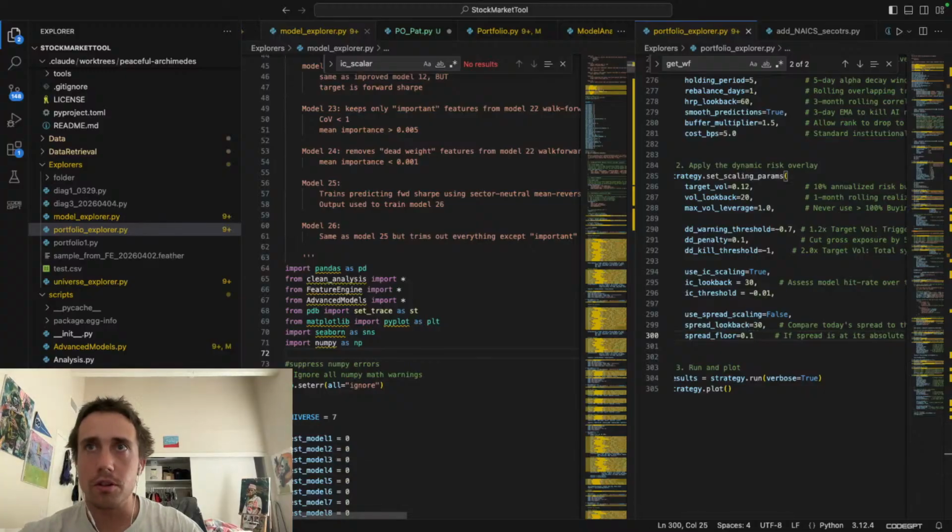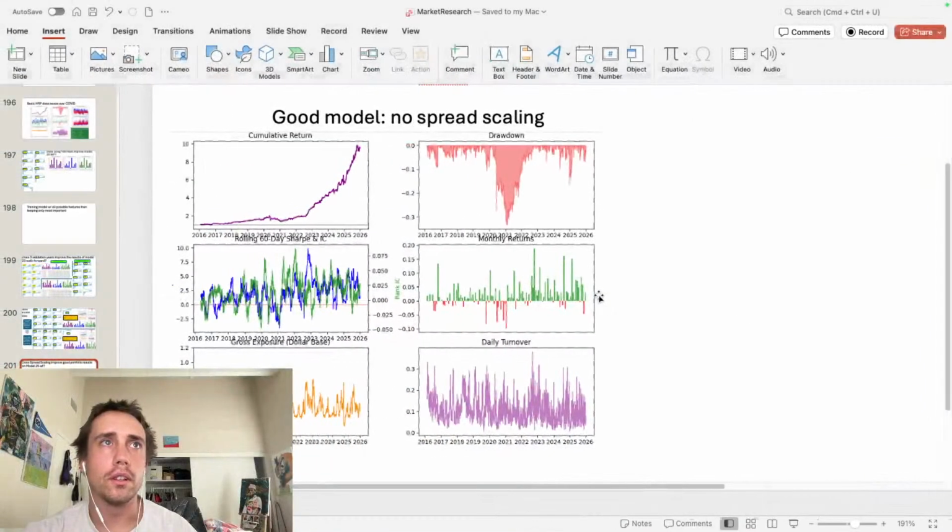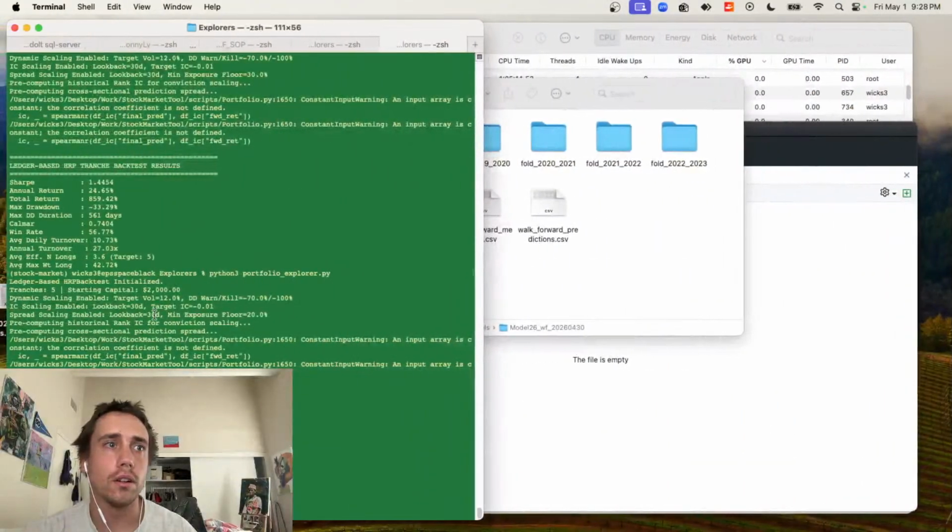So what if I change the floor down to 0.1? And let's use a longer look back. So if the spread's lower than it's been over the last year, scale according to that.